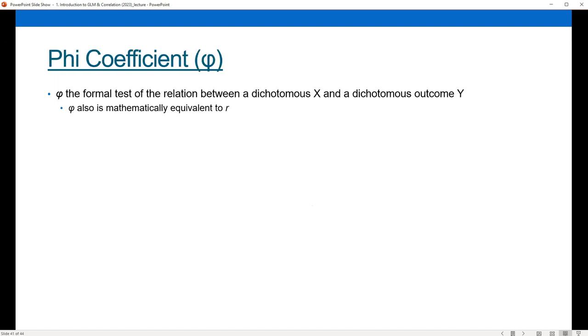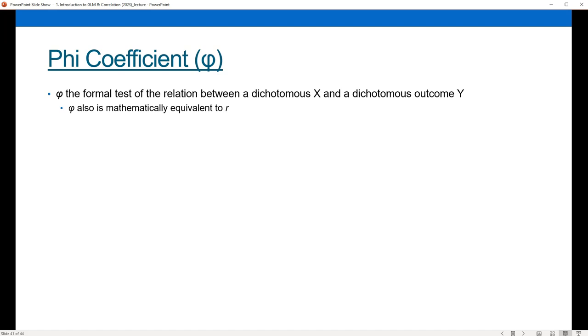All right. The last thing we're going to talk about is the phi coefficient. The phi coefficient is a test of the formal relation between a dichotomous X and a dichotomous Y. Our phi coefficient is again mathematically equivalent to my Pearson correlation.